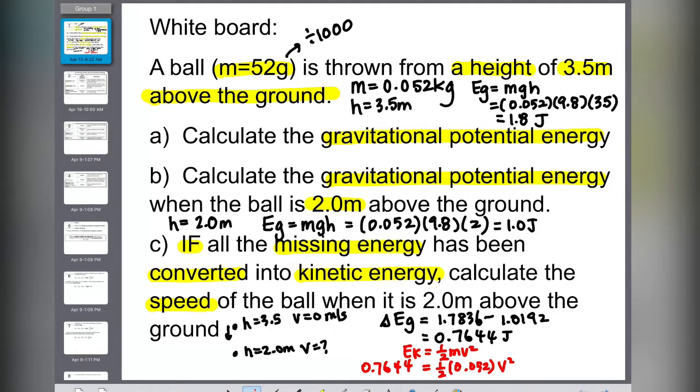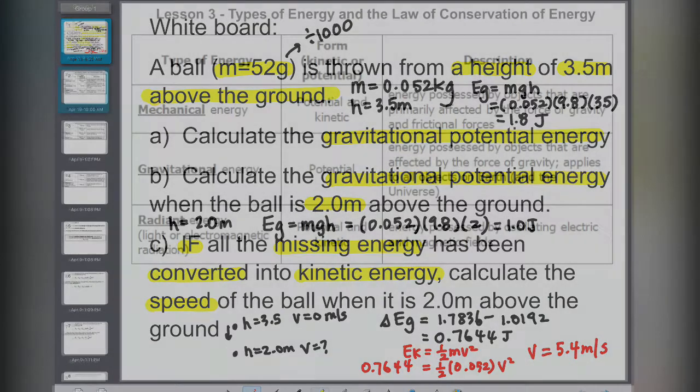I first take my 0.7644 and multiply it by 2, you can divide by a half if you want. Then I divide it by 0.052, and then take the square root because it's v squared. I calculated that the speed at that time would be 5.4 meters per second.